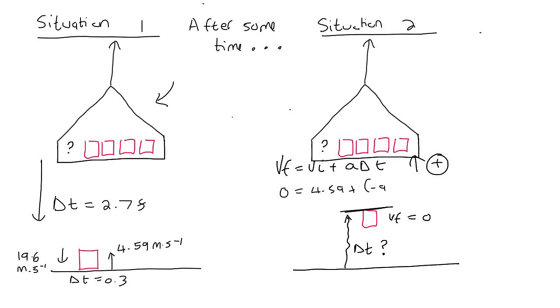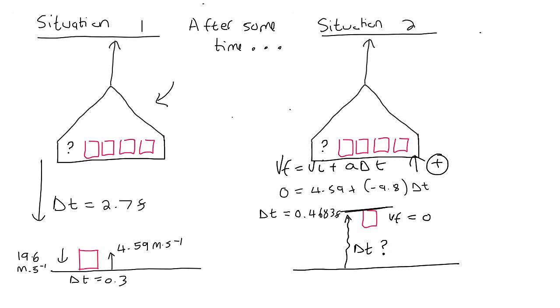Gravity will be negative 9.8 because we chose up as positive, and then we can work out the time just for that little piece over there. If you had to work out that delta t, I'm not going to round off because it's not our final answer. I'll keep the first 4 decimals, and that's going to be 0.4683 seconds. That is how long the brick takes to rise for its first bounce.